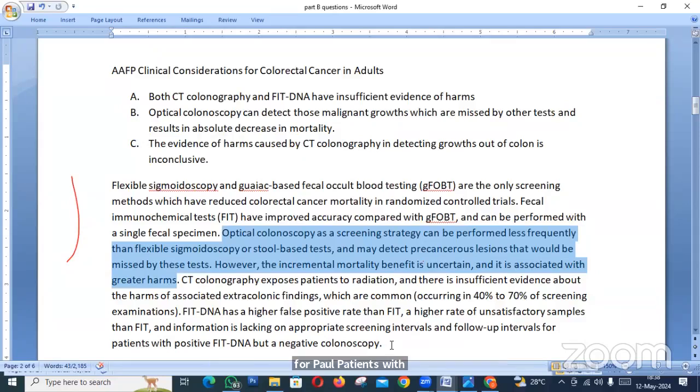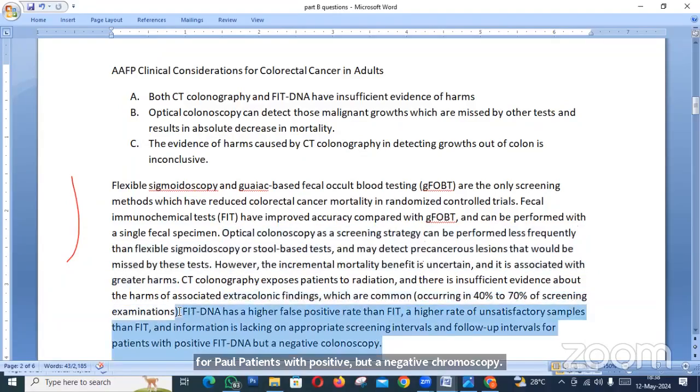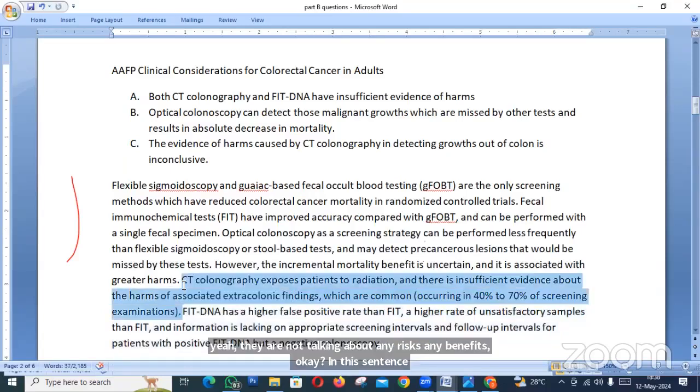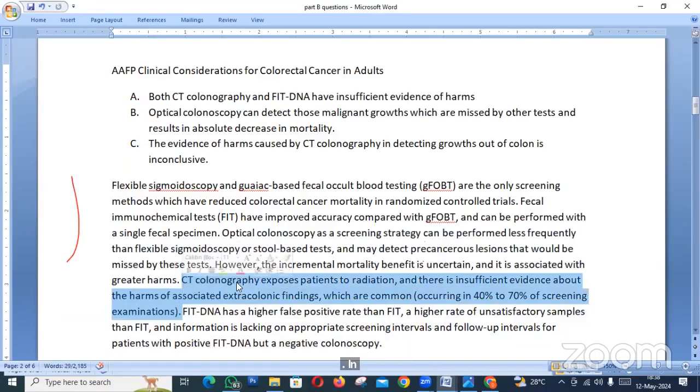Here they are not talking about any risks or benefits in this sentence. In this part they're talking about CT colonography. In CT colonography, there is insufficient evidence of harms, insufficient evidence about the harms of associated extracolonic findings.